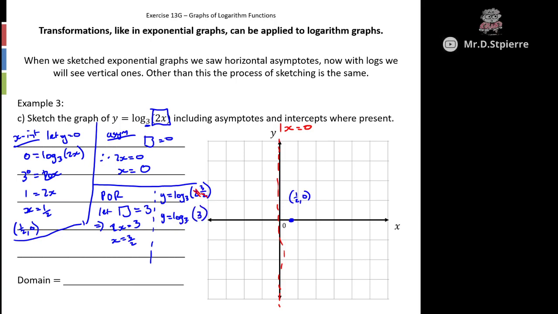So 3 to the power of what gives me 3? Of course, y is equal to 1. So we get our coordinate of (3/2, 1). 3 on 2 is one and a half, so I need a bit of space there. Our first point was (1/2, 0), and this one is (3/2, 1).